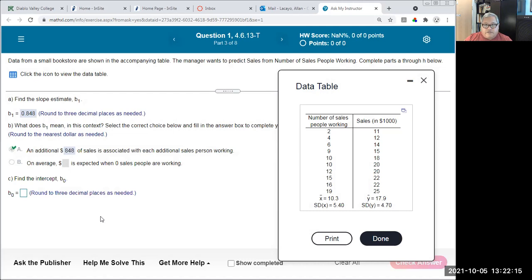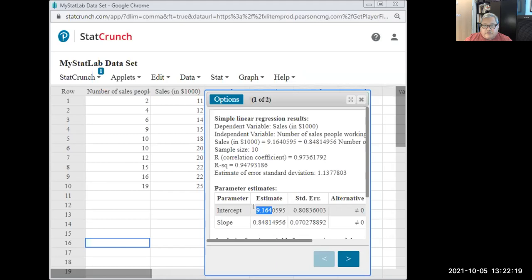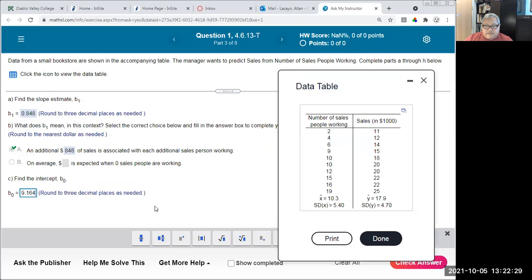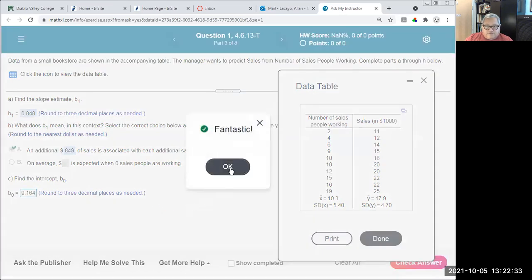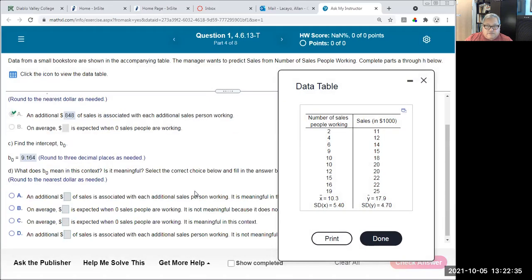And then for the intercept, I simply go back to StatCrunch and I notice that the intercept is 9.164, and I'm going to copy and paste it into my assigned work here, which tells me that this company does $9,164 in sales when no salespeople are at the store.